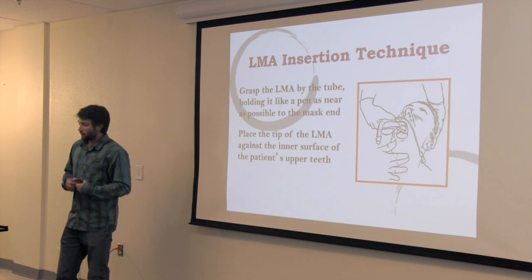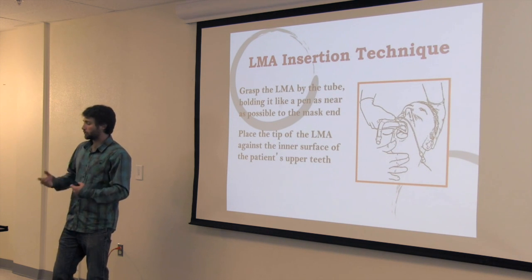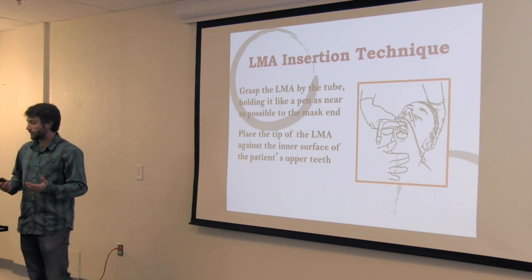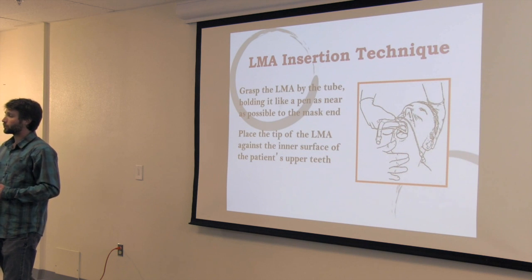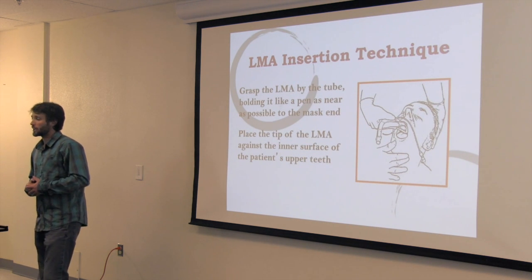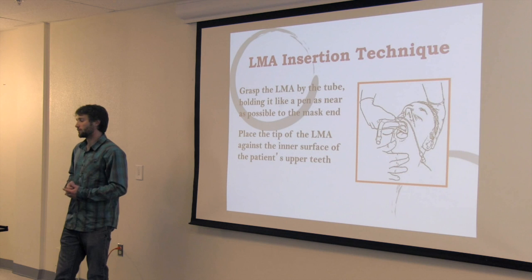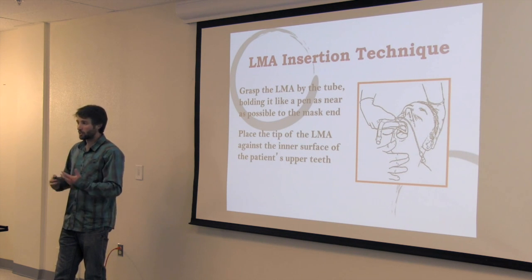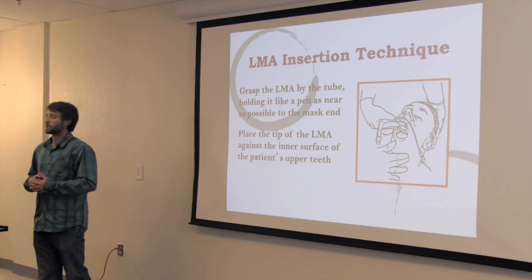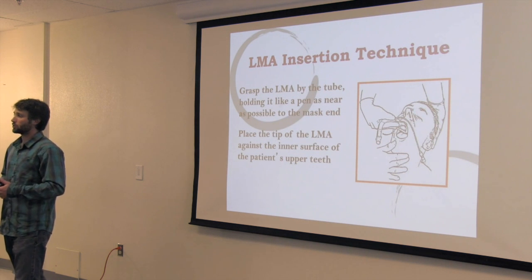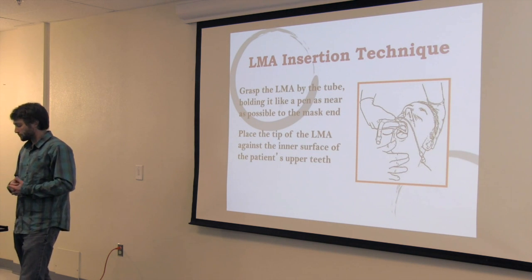The nice thing about an LMA, and one of the reasons why the state of New Mexico has historically allowed wilderness first responders and first responders alike to use an LMA, is that they're incredibly easy to insert. They don't take a lot of technique. Just a few good, simple techniques will get you a long way with an LMA.